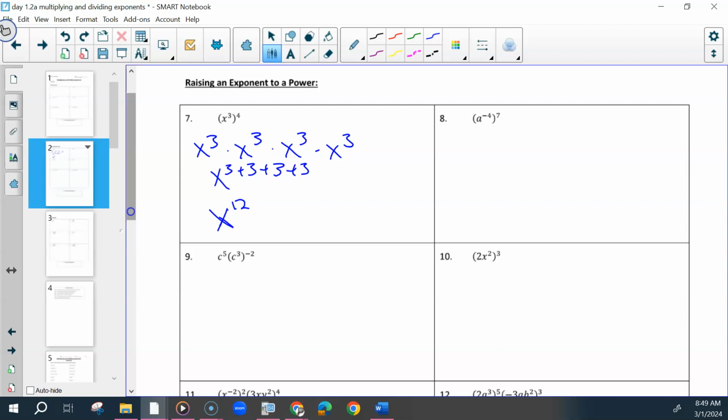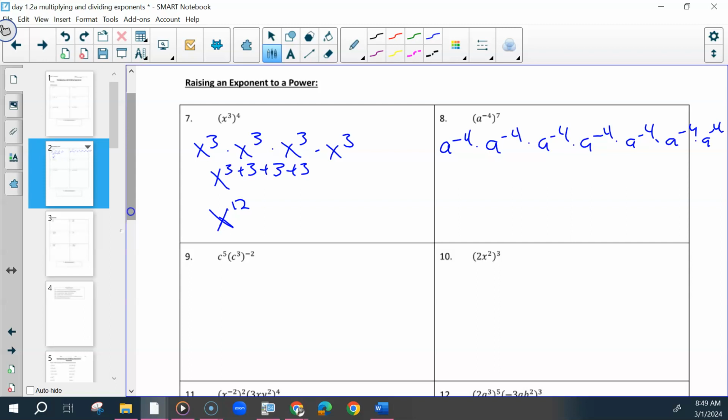We're going to expand one more time and see if we can figure out what that rule is. So here, if I have a to the negative 4th to the 7th, that would be a to the negative 4th 7 times. And you have a choice here.